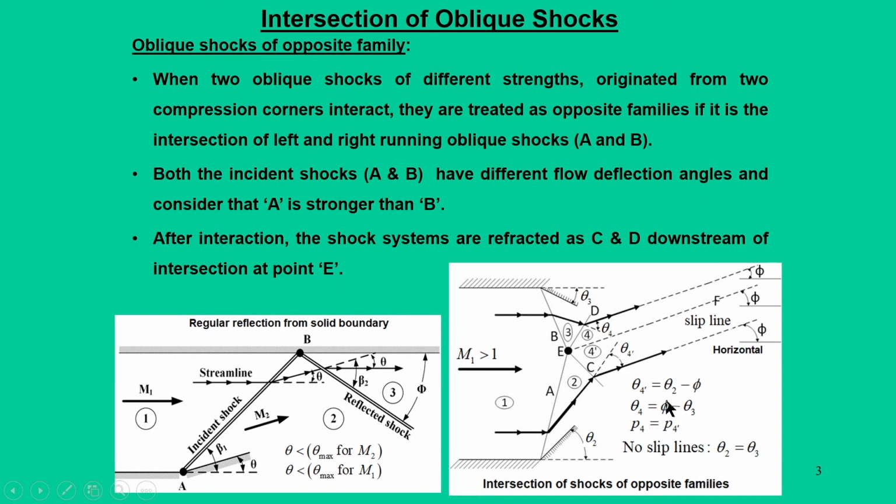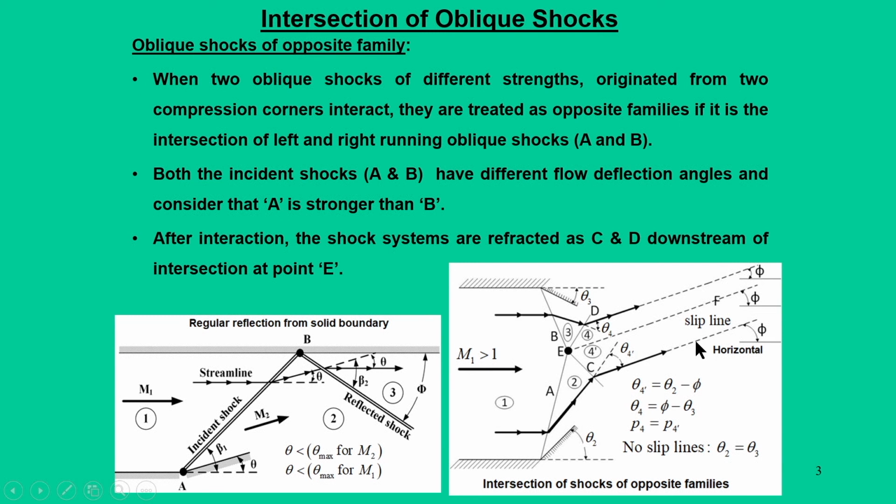Across this slip line, we have the condition theta 4 dash is equal to theta 2 minus phi, and theta 4 is equal to phi minus theta 3, where phi is the angle which the slip line makes with respect to the horizontal direction, where the original solid wall was located. Okay, so this is the concept of a slip line.